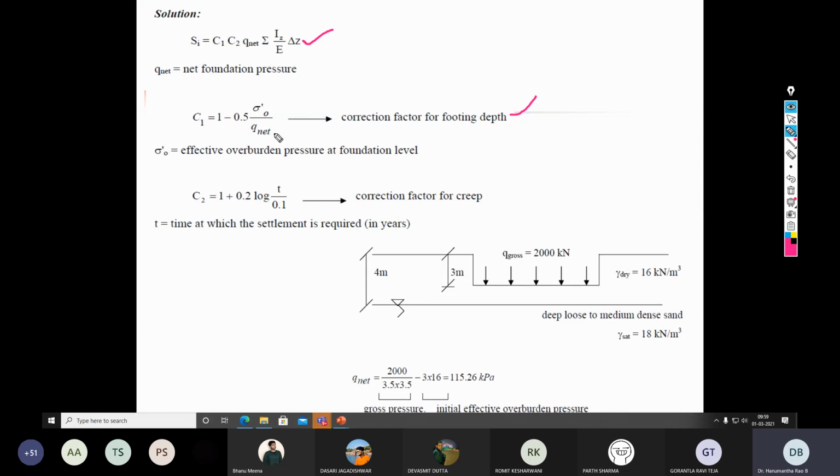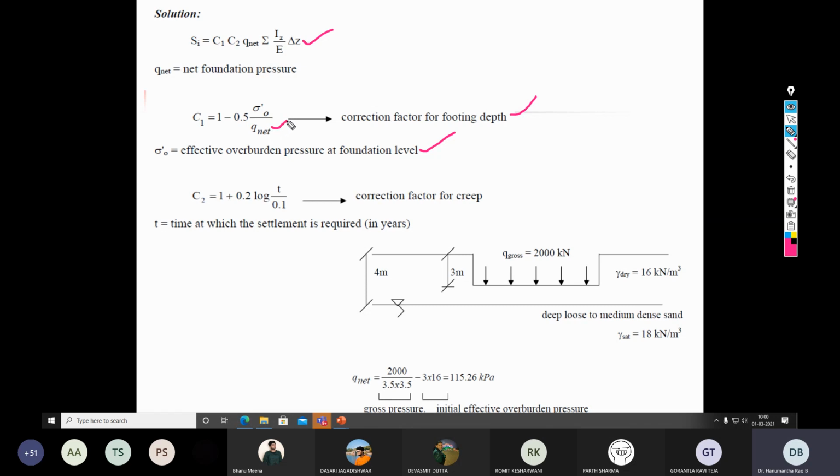Sigma naught dash means effective overburden pressure at foundation level. So calculate sigma naught dash at foundation level, and C2 accounts for creep. That is C2 is equal to 1 plus 0.2 into log t by 0.1. Here time shall be taken in years. So time is given as I think 6 years. So substitute 6 in this equation and calculate C2.